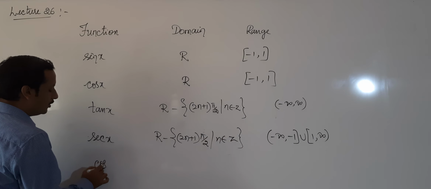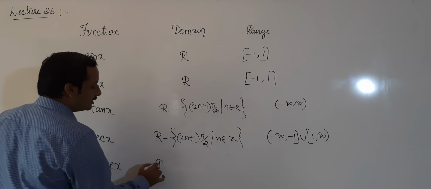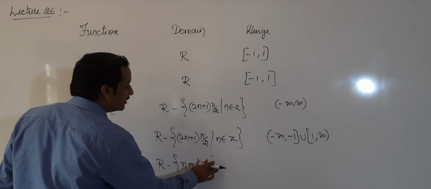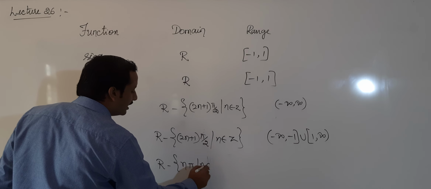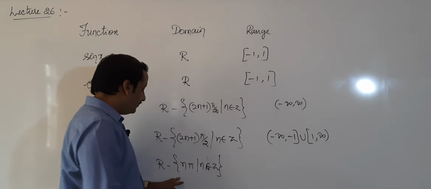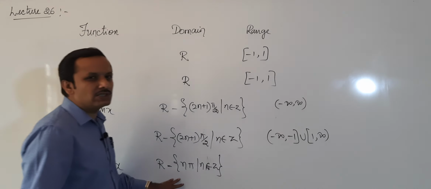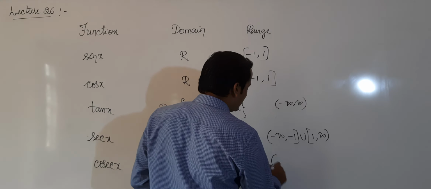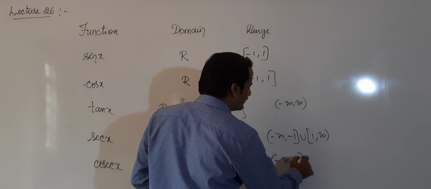Then cosecant x: for this the domain is R minus n pi, in other words R minus the multiples of pi. I have written it as n pi. This is the domain. The range is the same as the range of secant x.